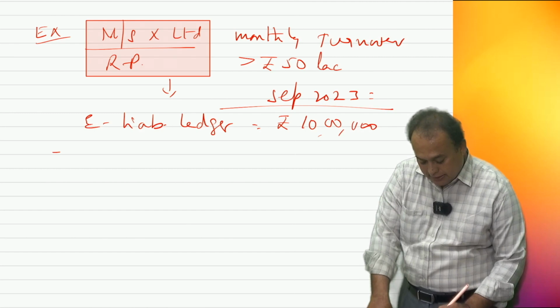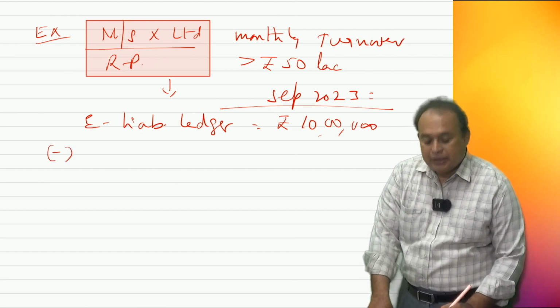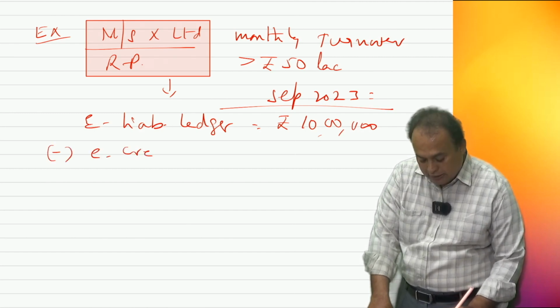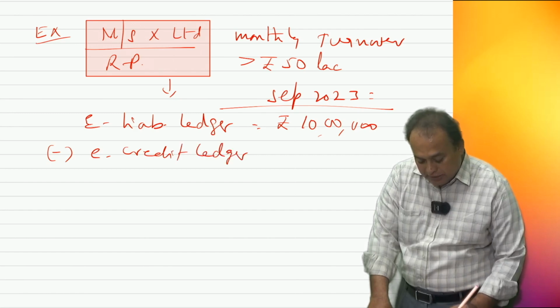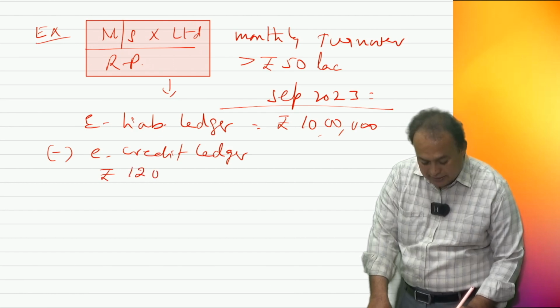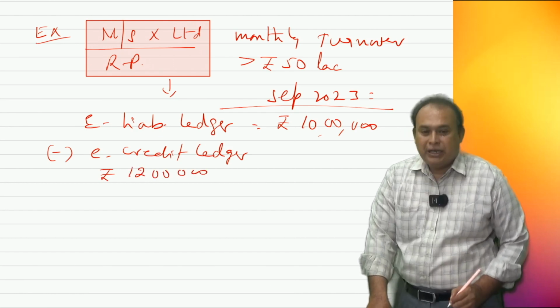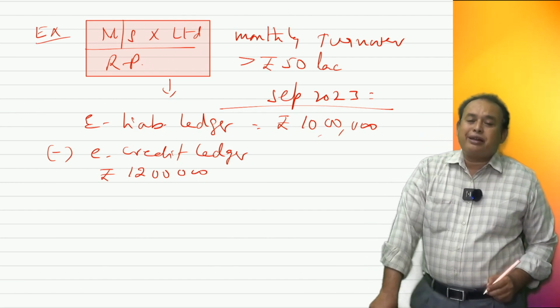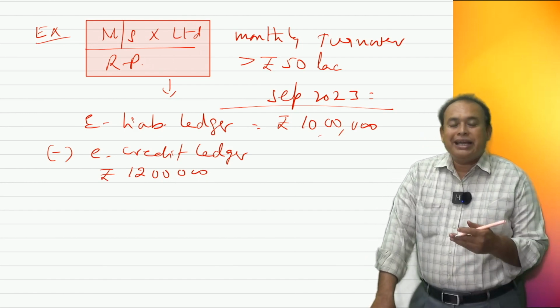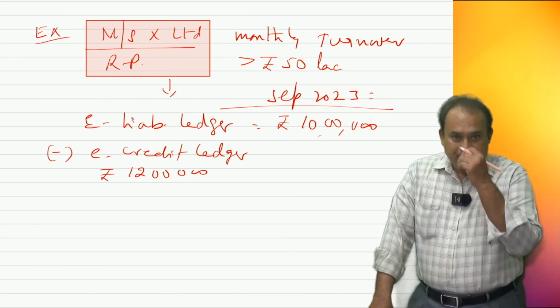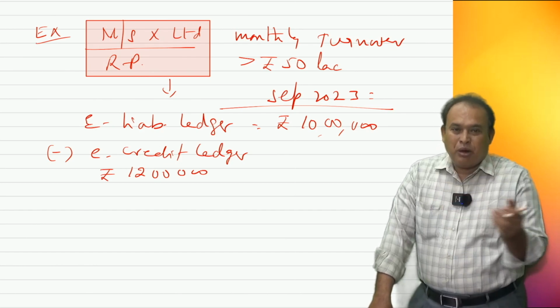Then here, the electronic credit ledger, how much is available with them? Their credit is 12 lakhs. So the electronic credit ledger is more than the electronic liability ledger. Now can they adjust the full amount?